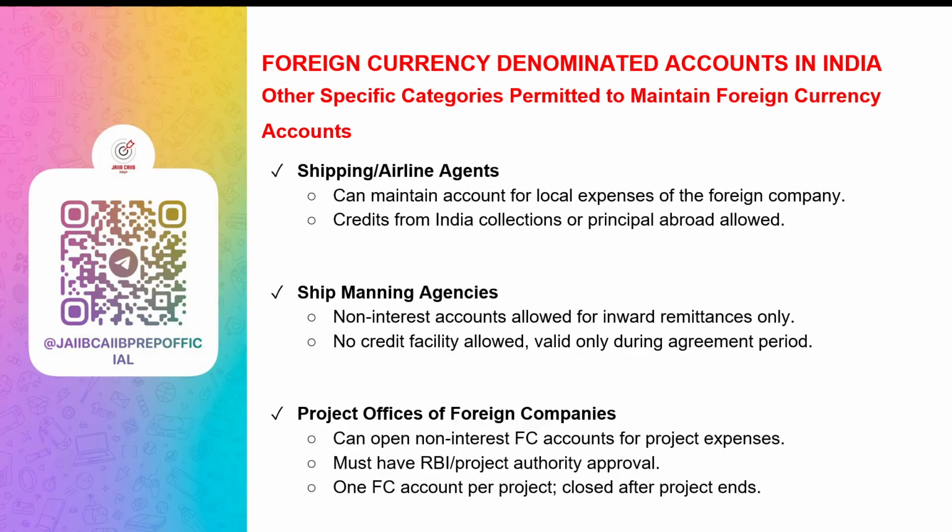Project related expenses can be debited, and funds from the parent company, project authority, or international agencies can be credited. Accounts have to be closed after the project ends, and transfers between projects are permissible only with the permission of RBI. If any dispute arises, the balance is converted into Indian rupees and kept in a special account.